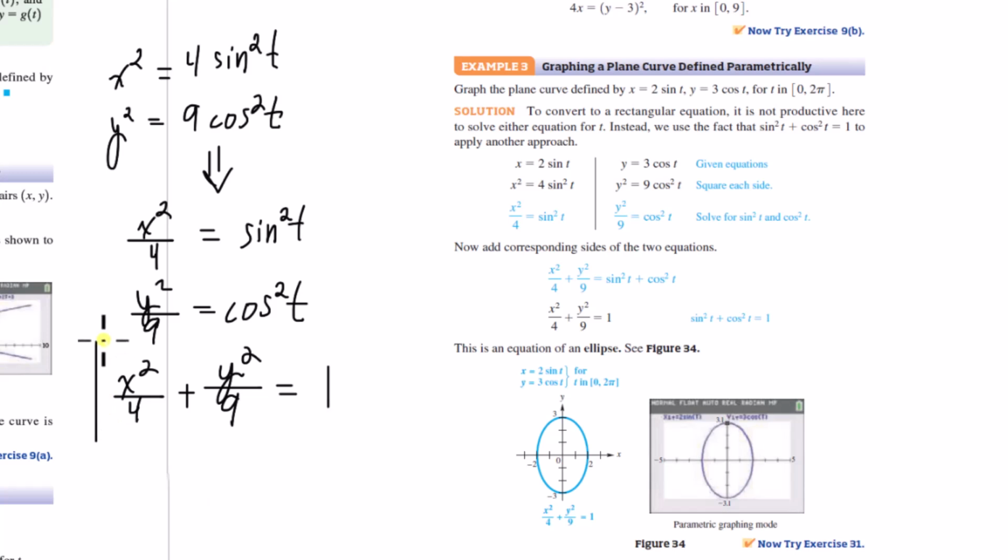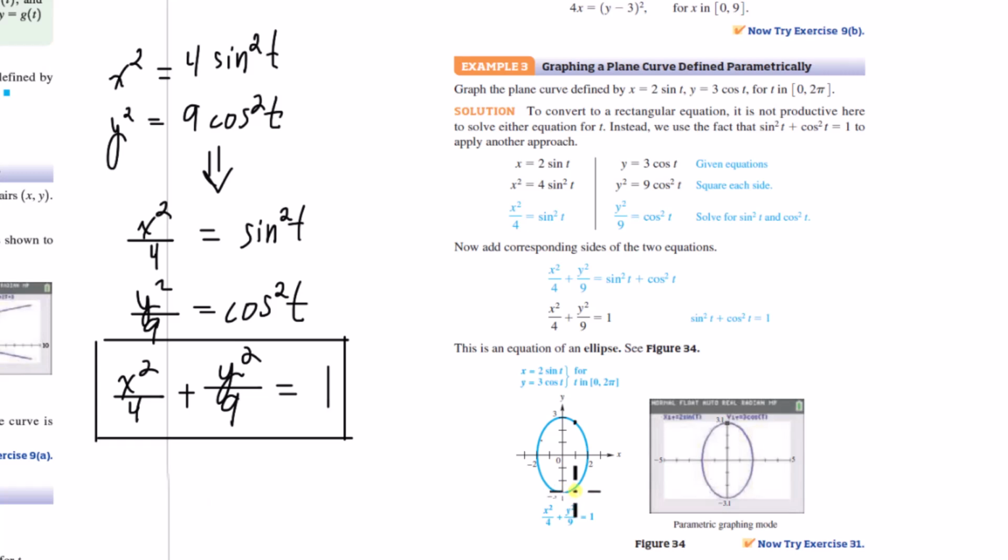And there it is. And we know that this is the graph of an ellipse. And there's the ellipse. But we also know that this is a parametric curve. So for each t value, we're located somewhere on this ellipse. And what you could notice is that this ellipse is not a function, but from a parametric perspective, it kind of is, right?